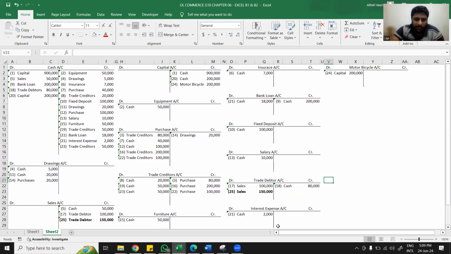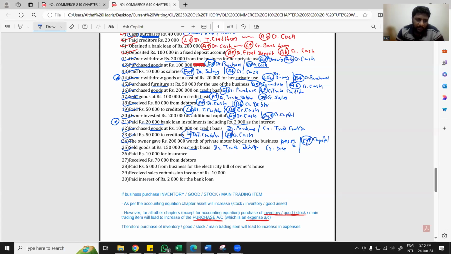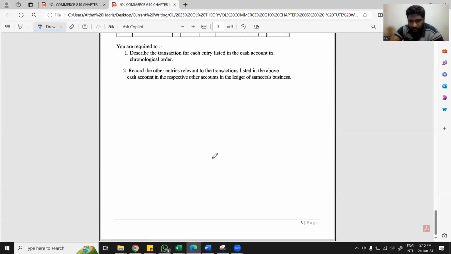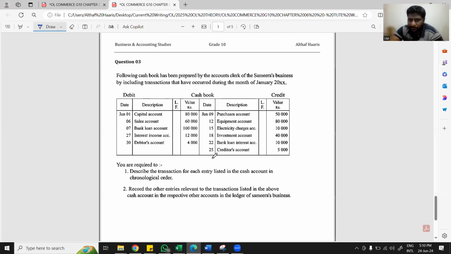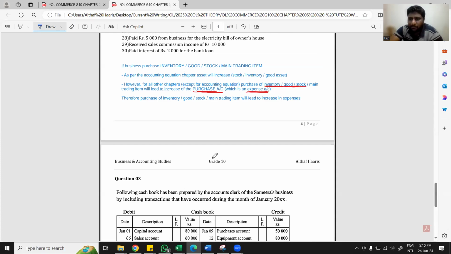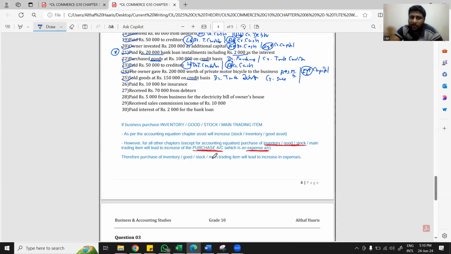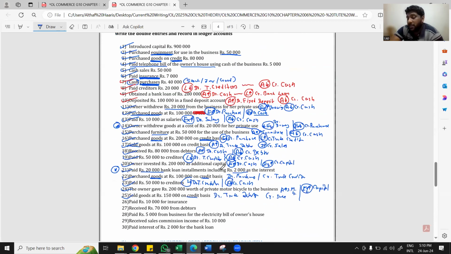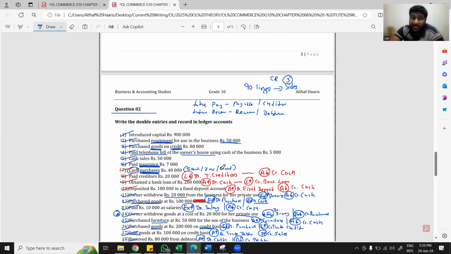So people, I am not going to do the remaining transactions. We'll do the remaining 5 transactions and question number 3 next week. With that, one of the very important chapters in accounting will be done, which is double entry. Why am I taking so many days to complete this chapter, even though it is small?